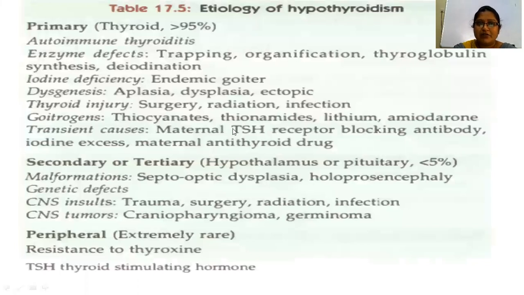Coming to the etiology of hypothyroidism. Primary, that is thyroid, constitutes most of hypothyroidism, more than 95%.